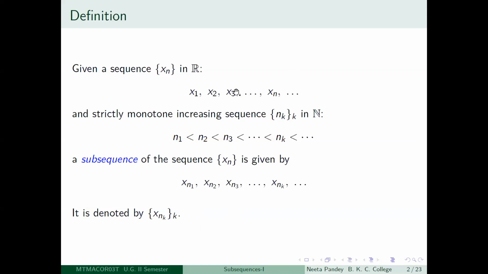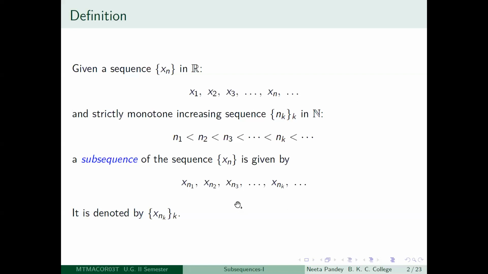You cannot take terms which are less than the n1th term. So you have to choose a term of the sequence which is after the n1th term. So the second term would be some xn2, where n2 will be strictly greater than n1. This is necessary because you want to keep the arrangement of the sequence the same as the original sequence.